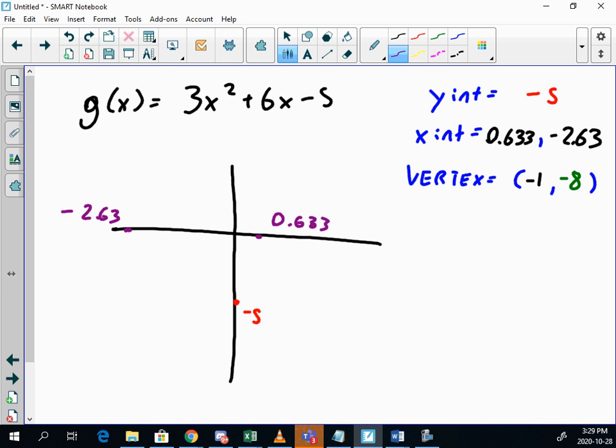And then our vertex is at negative 1, comma, negative 8. Awesome. Having drawn those, we can carefully connect our dots and get that arm of the parabola and that arm of the parabola, and we are done. We have successfully constructed the graph of our quadratic.